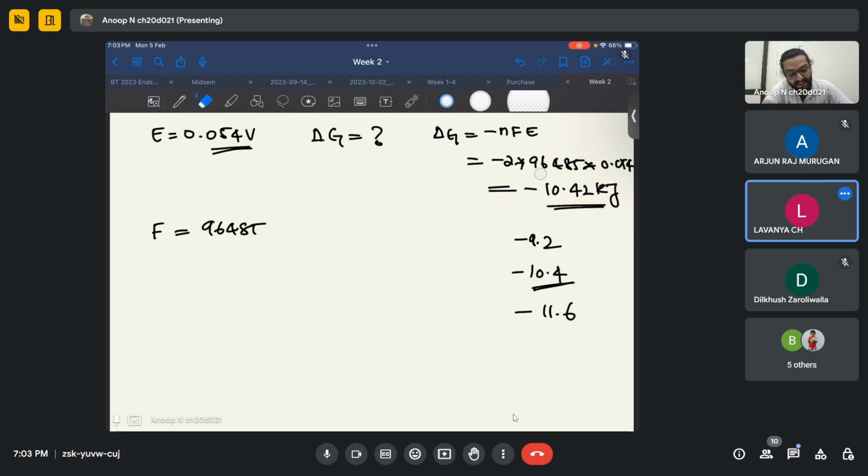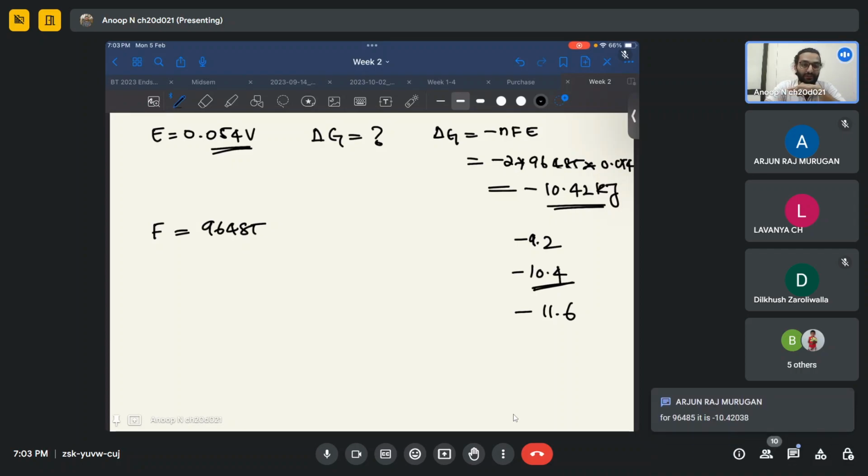No problem. Actually, this is the exact value. So how are we getting it? We multiply the Avogadro number into the charge of an electron. So the value is 96485. For simplicity of calculation, we will take it as 96500. The actual value is 96485, so it's better to follow that value. Someone calculated and showed it's very close.